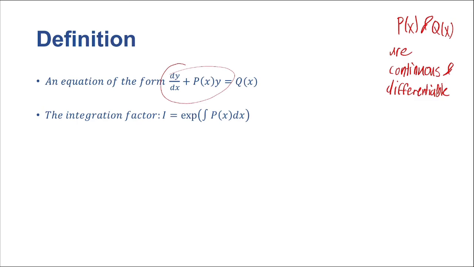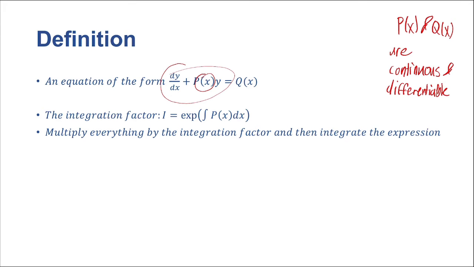So we apply an integration factor to everything. We define our integration factor as the exponential of the integral of p of x. We multiply everything by this integration factor.